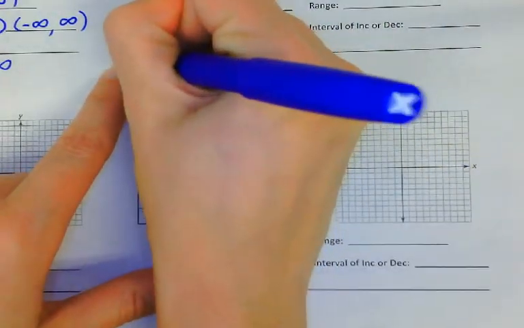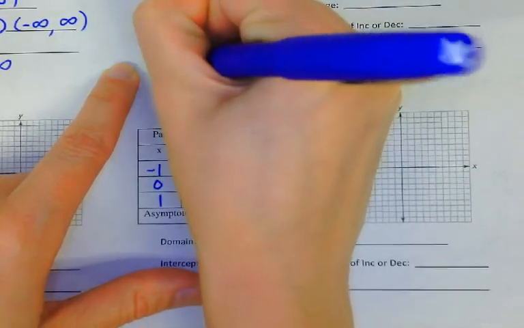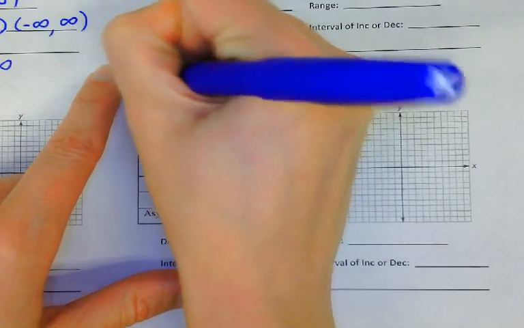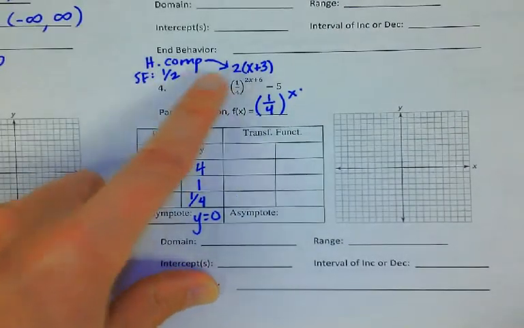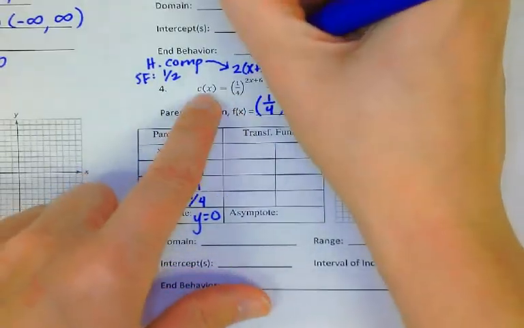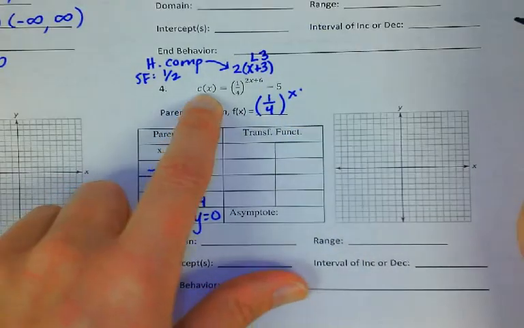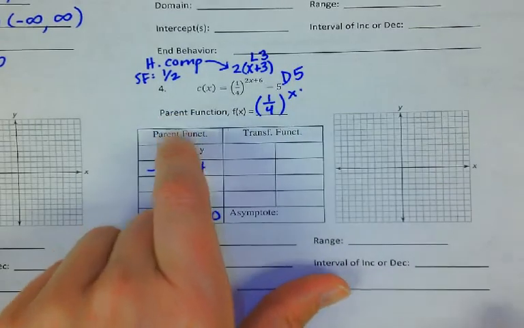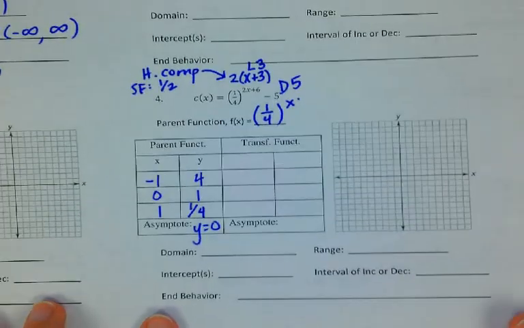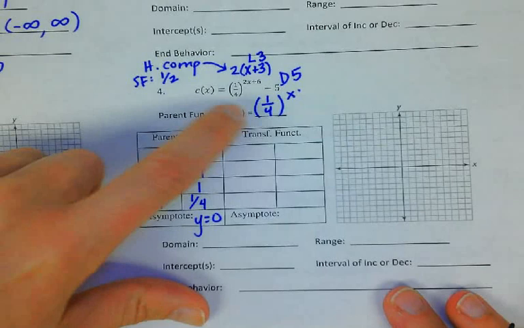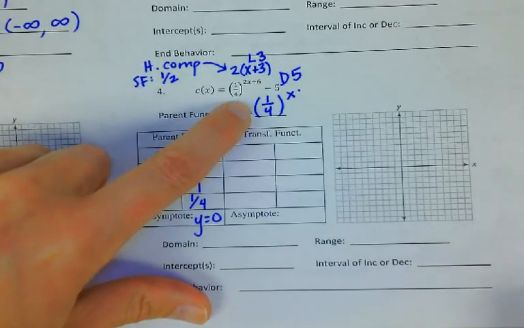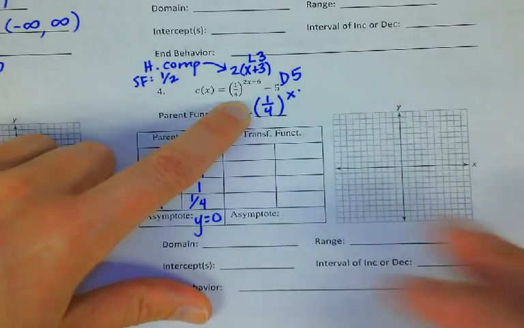So this 2, I know everything is opposite, so we have a horizontal compression of a half. I know the x plus 3 tells me I'm actually shifting left 3, and a minus 5 at the end means that we're moving the whole graph down 5. Because there's not a value in front of the base multiplying, there is not a vertical stretch or compression or reflection on this one.